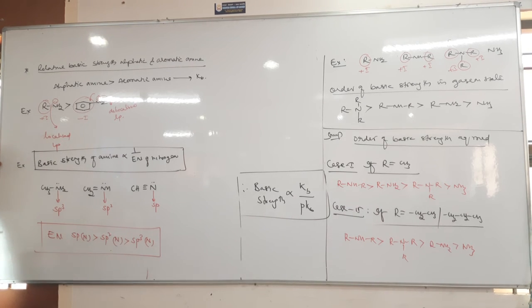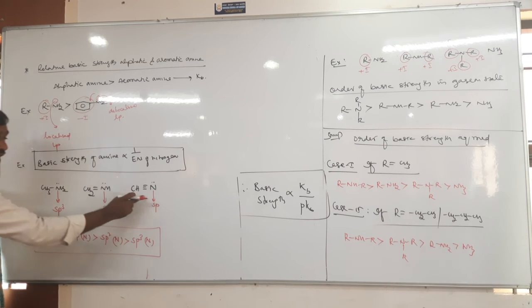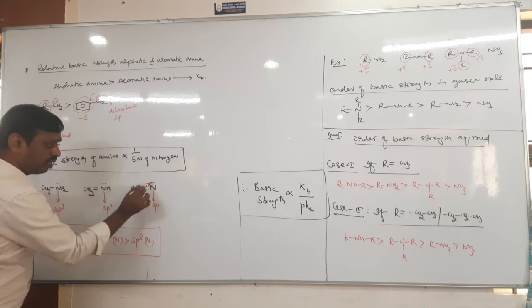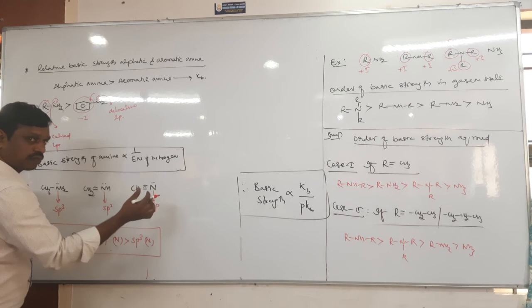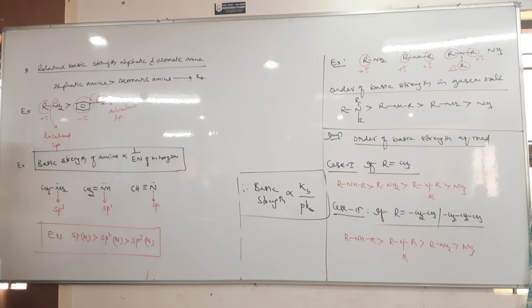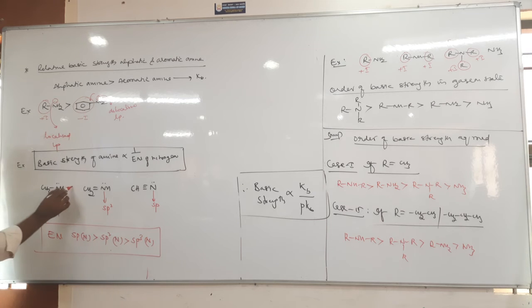So sp nitrogen has more electronegativity. Due to more electronegativity, what happened? This nitrogen cannot donate a pair of electrons to another atom like H plus. Here, with less electronegativity, it can donate easily. So therefore this is the order of basic strength.